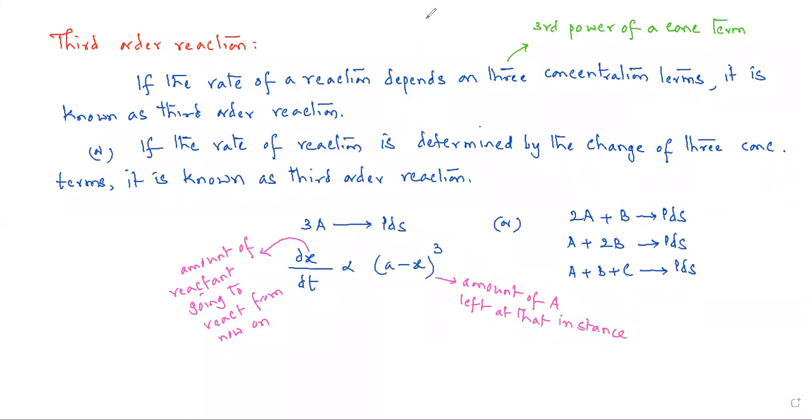Okay. Because rate changes every instance. Every time we need to add this word at that instance.